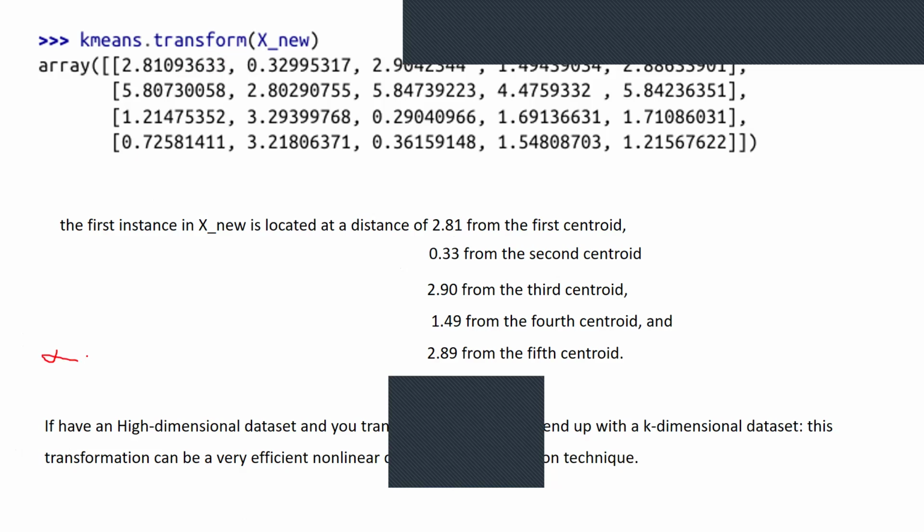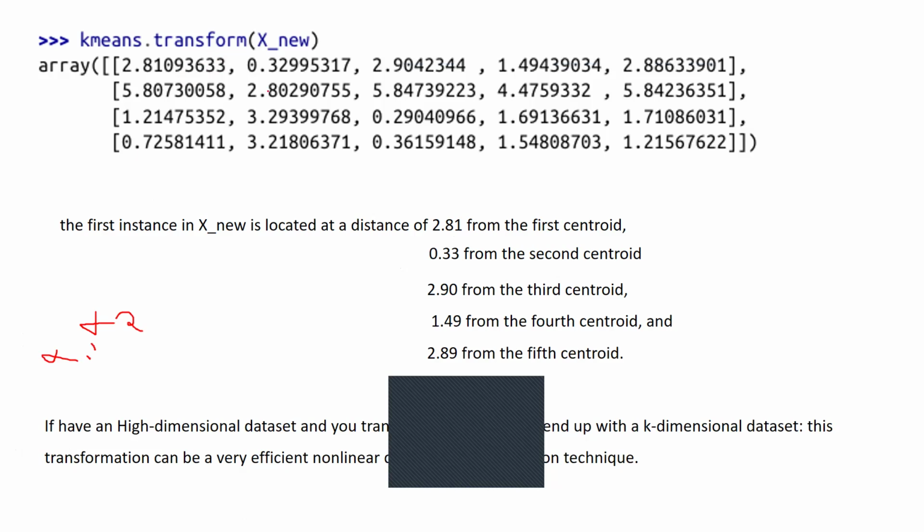We replace it with five-dimensional data, the distance of each instance to the centroids.